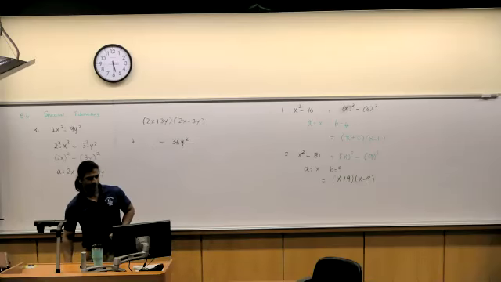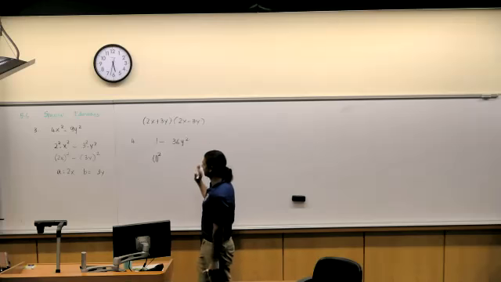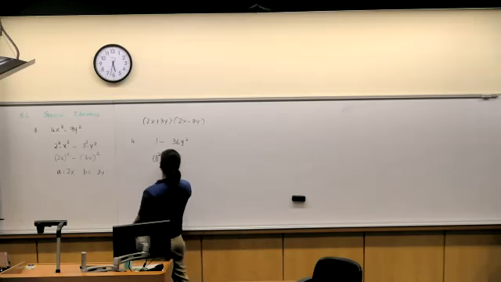So 1 is a perfect square. 1 squared. Putting the parentheses will help recognize a and b easily. 36 is a perfect square. 6 squared, 36 y squared.